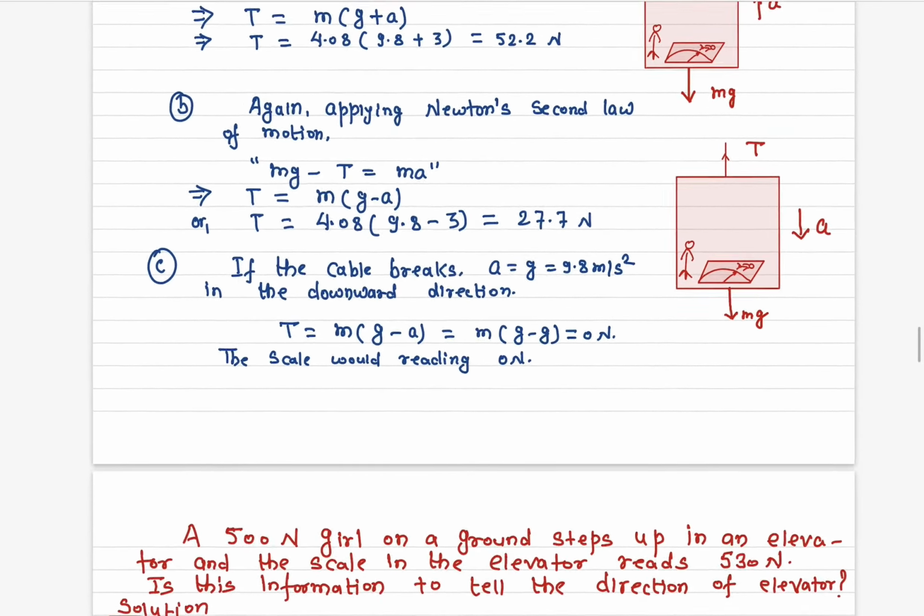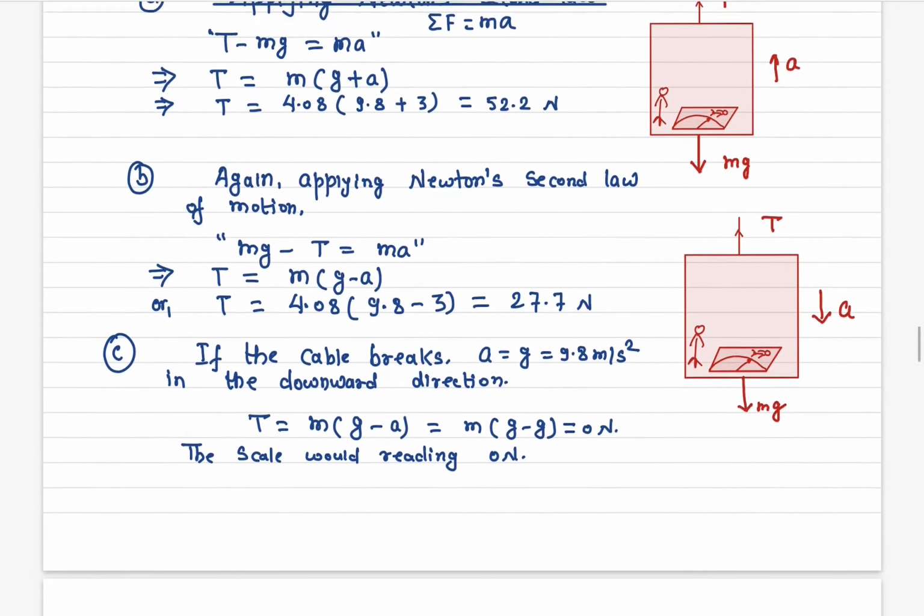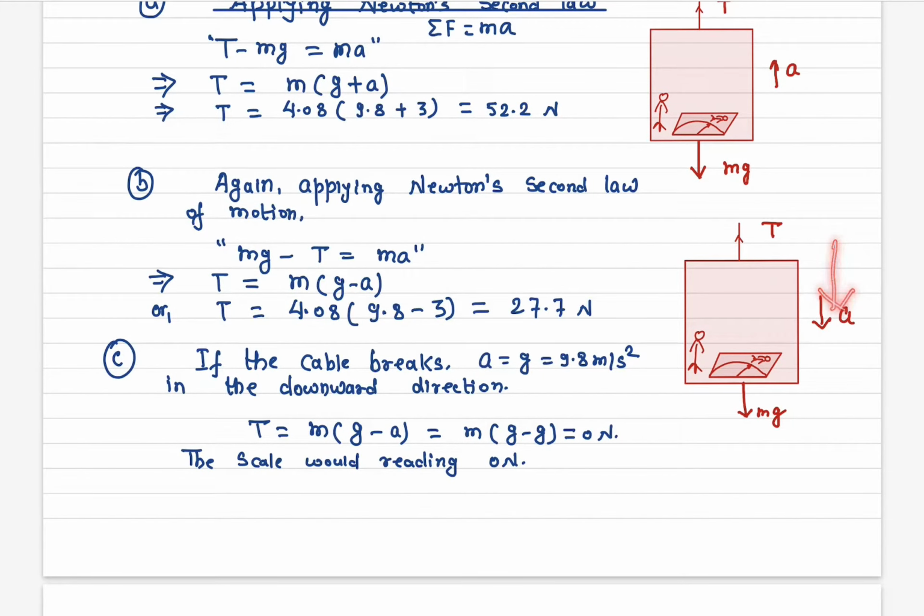And now again, apply Newton's second law of motion when the elevator is going down. So how do you write down Newton's second law of motion? Again, the same formula. The total force is equal to mass times acceleration. And in this case, as the system is going down, the way we write it is mg minus T. You see a very subtle difference.